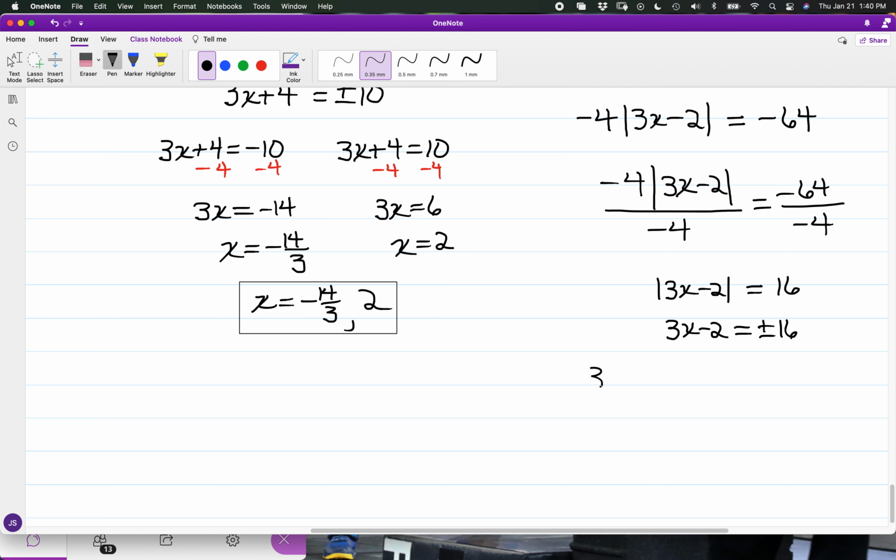Looking at what we have for x, at the lower end we have 3x minus 2 is equal to negative 16, and at the upper end we have 3x minus 2 is equal to positive 16.